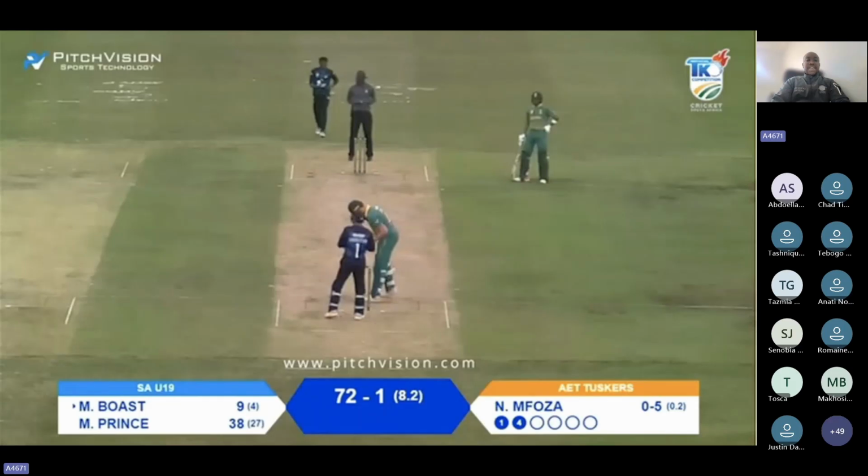Let's have a look at a video of a match between SA Under-19 and the home side KwaZulu-Natal Inland Tuskers. This match was played at the Pietermaritzburg Oval, which has a tree about 3 to 5 meters inside the boundary.